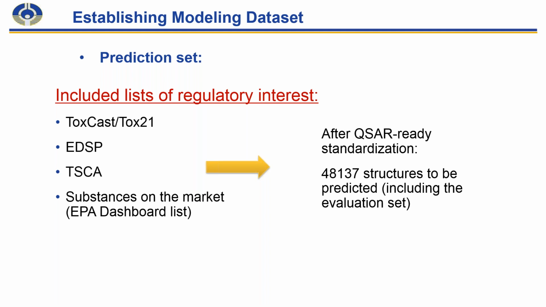So we just gave them the structures for the 48,000 prediction set and said, please give us not only the predictive performance on the training set and the cross-validated evaluation on the training set, but also please give us the predictions for all 48,000 chemicals in the prediction set, of which we knew the identity and the quote-unquote correct answer for 3,000 of those chemicals, and we could use those as the external validation or evaluation set.